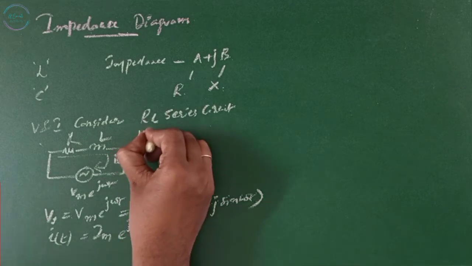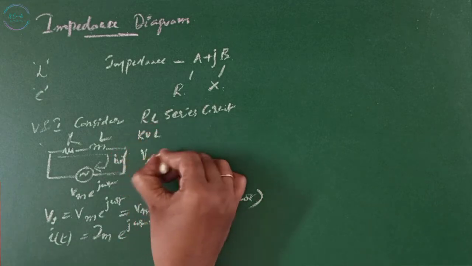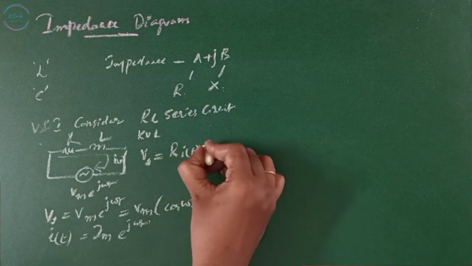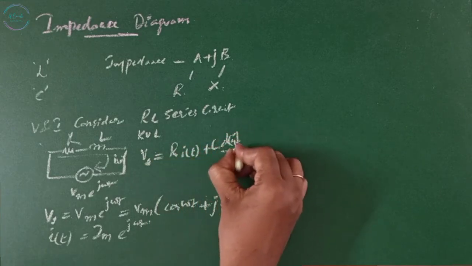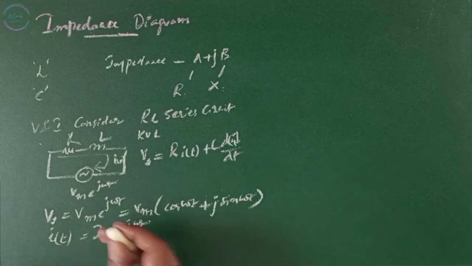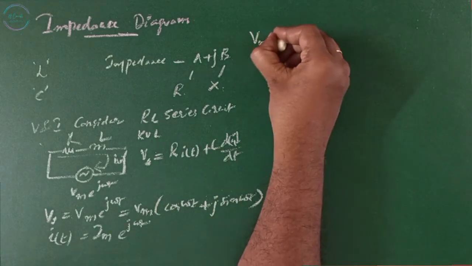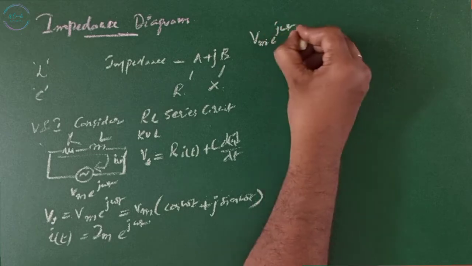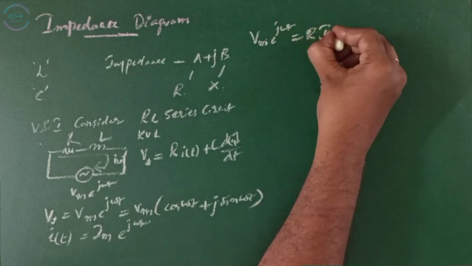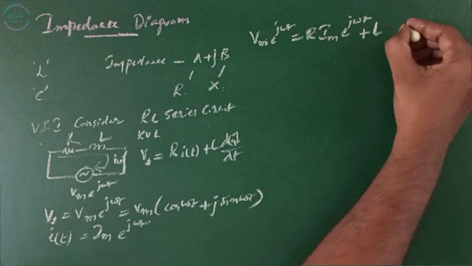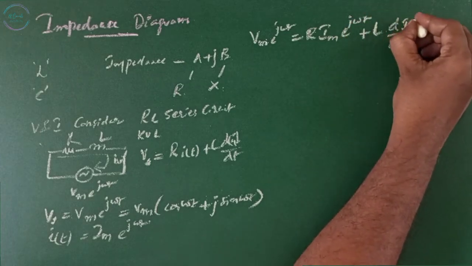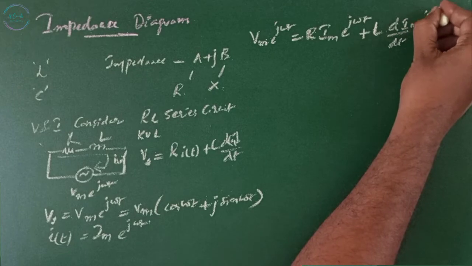Applying KVL for this, the voltage Vs equals R I of t plus L di of t by dt. Now substitute these functions in this. Vm e to the power of j omega t equals R into Im e to the power of j omega t plus L d by dt of Im e to the power of j omega t.